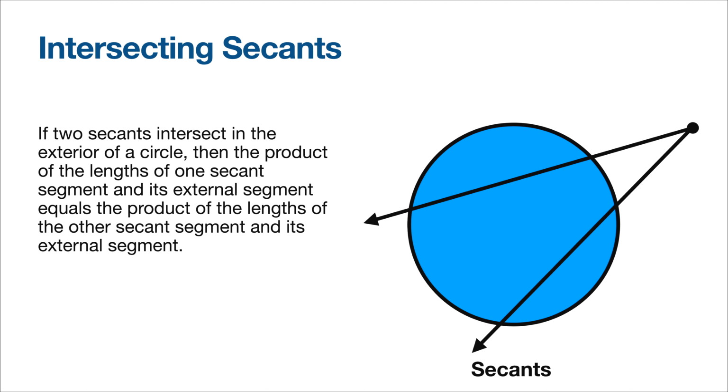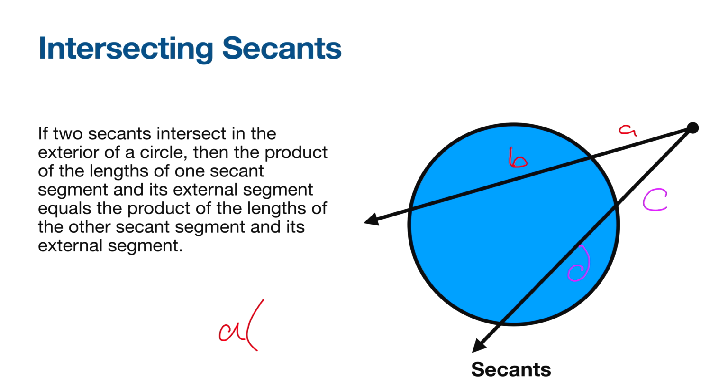and its internal segment. So I'm going to once again go A, B, C, D. We are using these letters a lot today. So in this case, what this is saying is the external part of the segment times the whole.